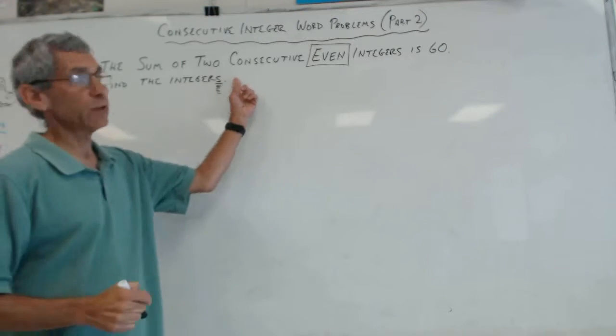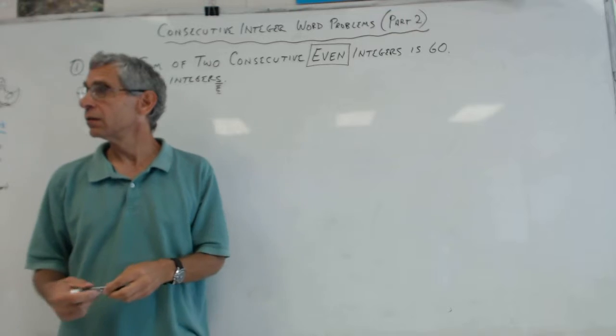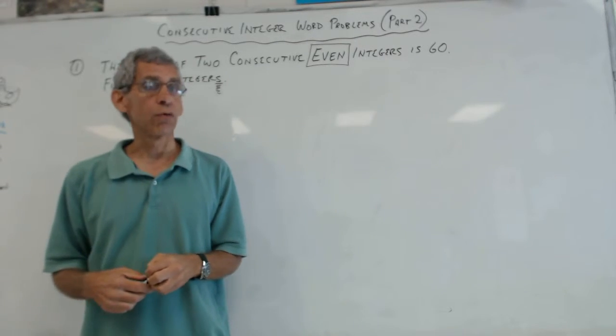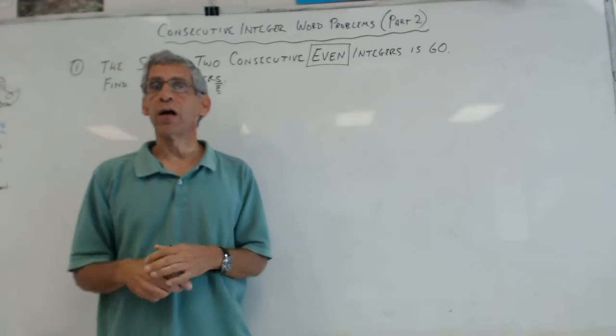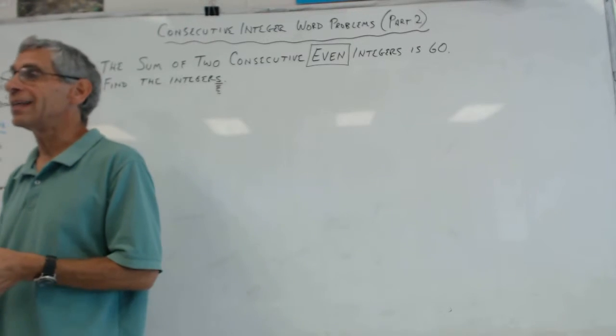And consecutive again means what? In a row, right? So give me an example of 3 consecutive even integers. Aiden has both hands up.